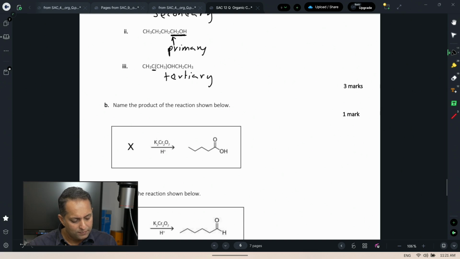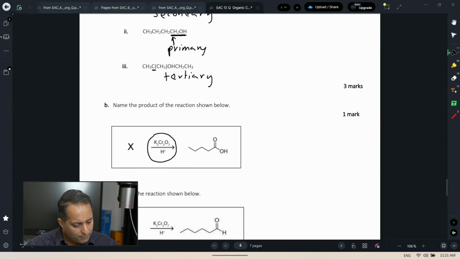What is this reaction? Oh, acidified potassium dichromate. You know that when there is acidified potassium dichromate, it is oxidation. We are oxidizing. When you see acidified potassium dichromate or potassium permanganate, oxidation. Now this one is pretty interesting.